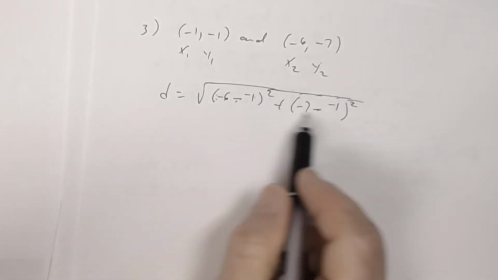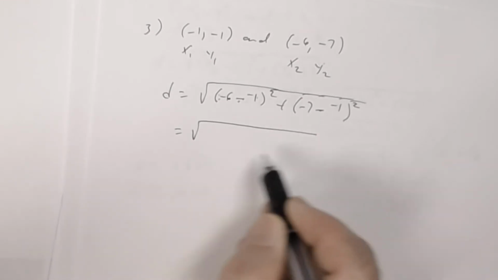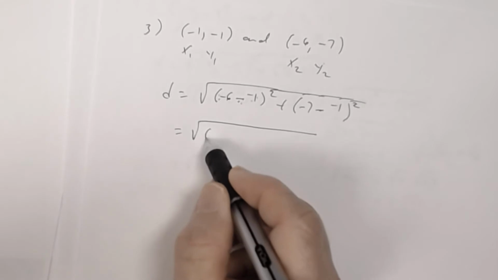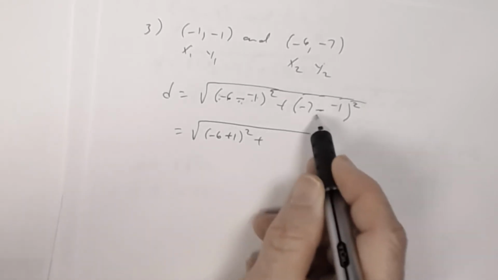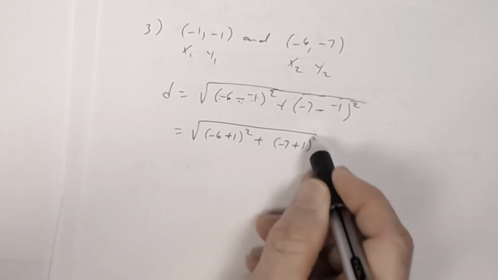Now let's go ahead and simplify the radicand. So this becomes the square root of, so notice the square root symbol, -6 subtract -1. That means -6 plus 1 squared, plus -7 subtract the -1 means -7 plus 1 squared.